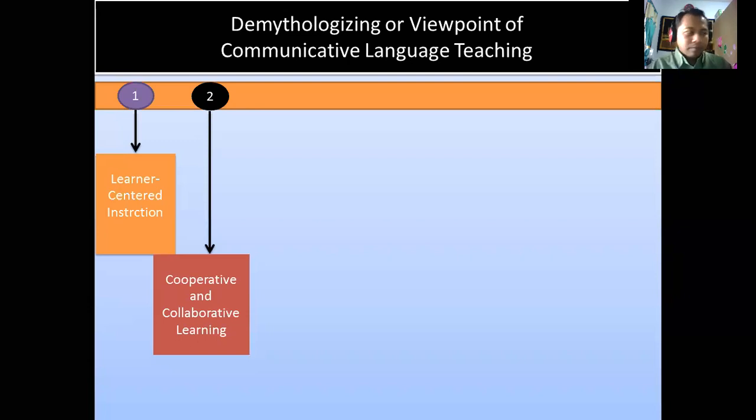Cooperative learning has its own principles, and collaborative learning has its own principles. If you ask me whether this is the same or different, I have two answers. Many experts believe that the terms collaborative and cooperative learning are the same. But some other experts argue that cooperative and collaborative learning are different.